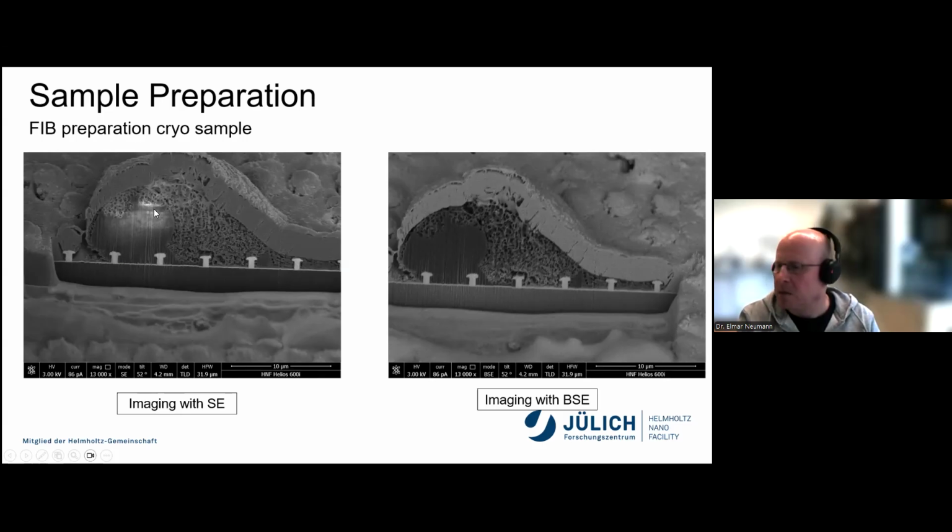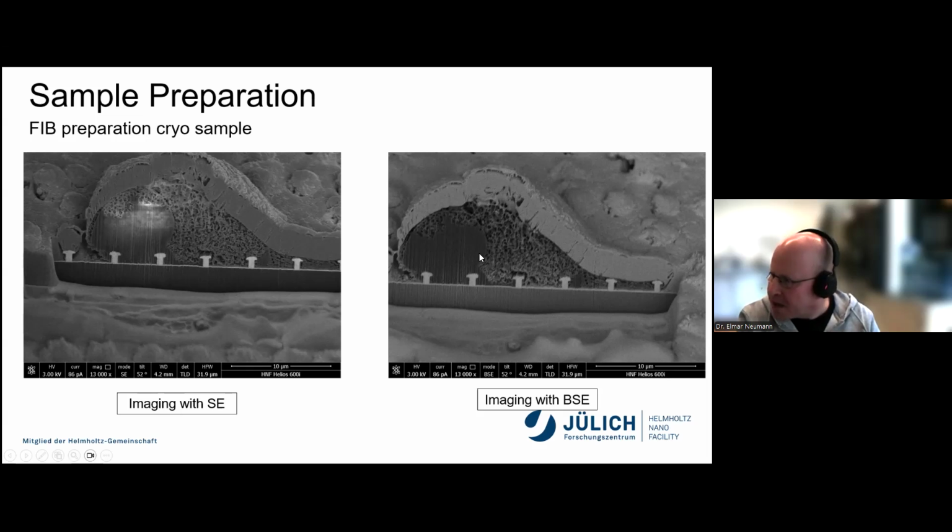In this case, we observe with secondary electrons, also still seeing some charging effects. After that, using backscattered electrons, which are less prone to charging effects, we have a better image of what is inside and how these cells interact with the structures in here.